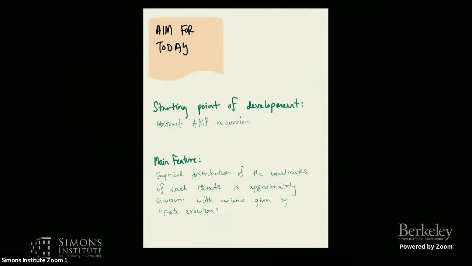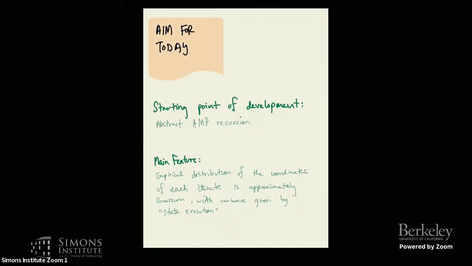Okay, so as I mentioned, the starting point of our development for today is going to be just an abstract AMP recursion that is not related to any specific estimation problem. And then what we're going to see is that the empirical distribution of the coordinates of each iterate of this basic AMP is going to be approximately Gaussian, and then the properties of that Gaussian are going to be determined by a state evolution.